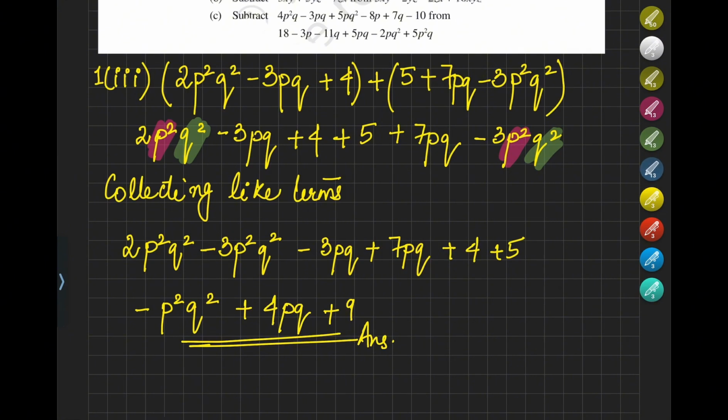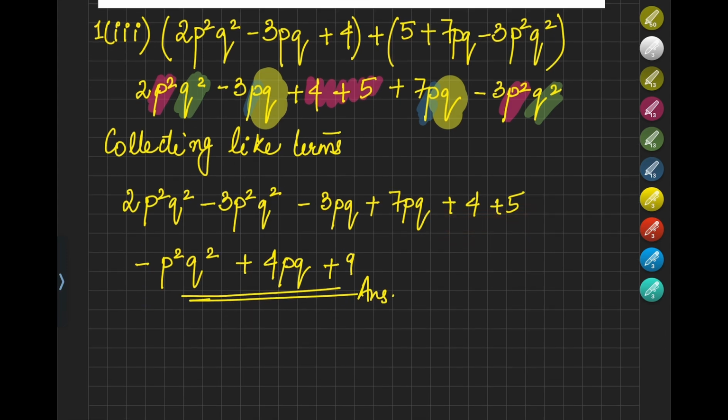The next set of like terms is, this is p here, and with q here, which means that minus 3pq plus 7pq are like terms which can be solved together. And then we have a 4 plus 5, these are numbers, so that is why we have written it together, so we can solve this.